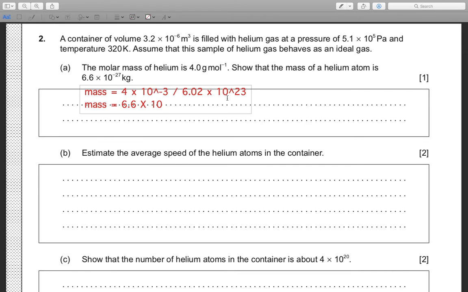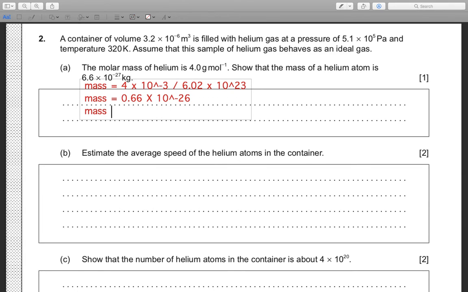This would give minus 26, but this is actually 0.66, so drawing it as 6.6 the power is minus 27, in kilogram.